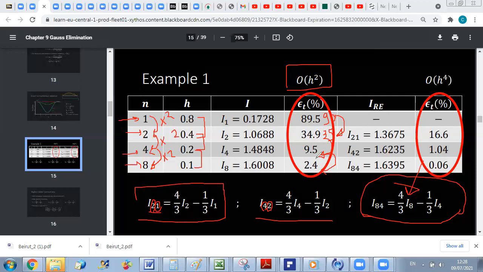You can see that the effect of the higher-order terms was reduced when increasing the number of segments, because for the first step it was nearly just divided by 3. So the effect was larger when going from 1 to 2. But when going from 2 to 4, the effect was reduced, because the ratio is now nearly 3.5.